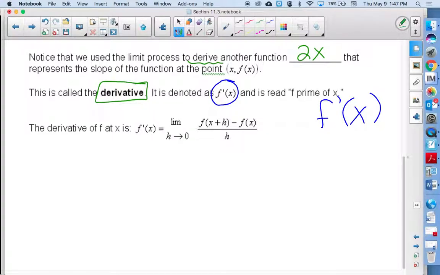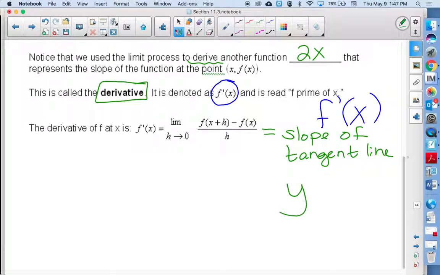The derivative is the same thing as the slope of the tangent line. It's just a different way of naming it. So we're really focusing on the function 2x, that equation that you have left. A derivative and the slope of a tangent line are exactly the same.